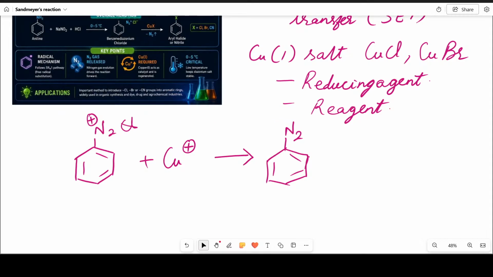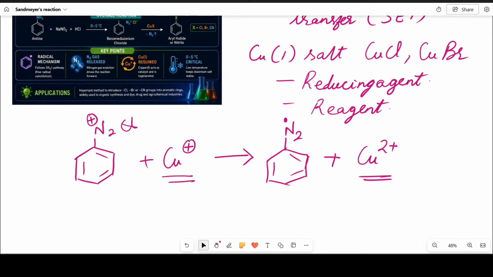When Cl is not there, it's an ion. So you get the radical dot; a free radical is generated. Cu2+ is formed from Cu+ going from Cu1 to Cu2. So this is step 1.